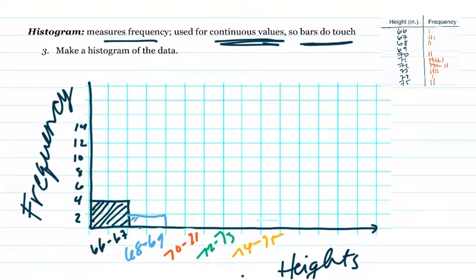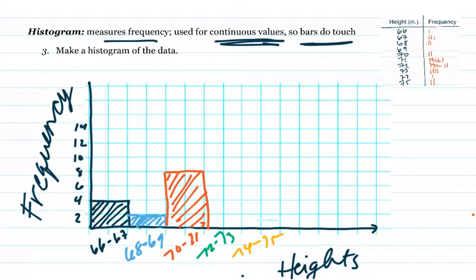And you don't have to use different colors. I just really like to color code. Then 70 to 71, there was 6, 7, 8. So it comes up to here. And again, my bars will need to touch. Then we have 72 to 73. That's 7 plus 4 is 11.